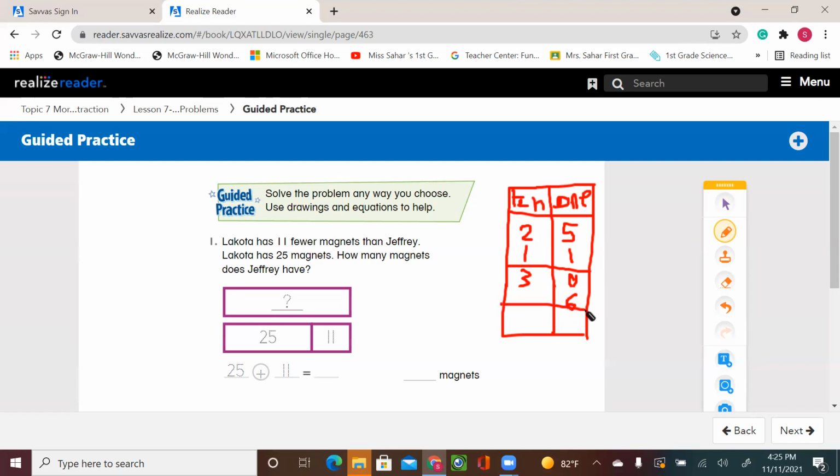So now I add what I have. I have 6, and in the tens, I have 3. So that's 36. So 25 plus 11 equals 36. Jeffrey has 36 magnets.